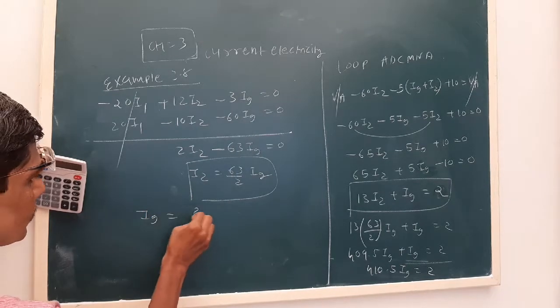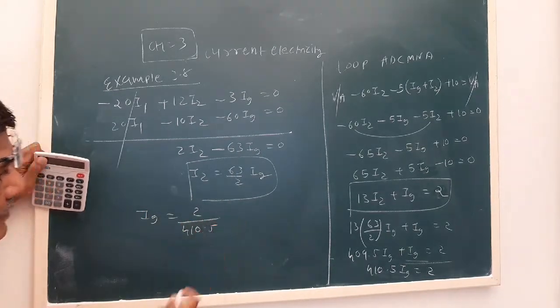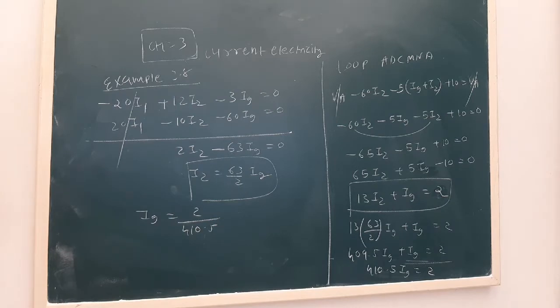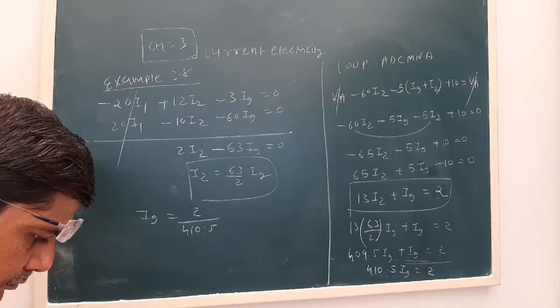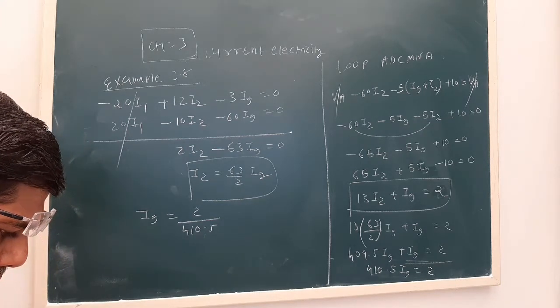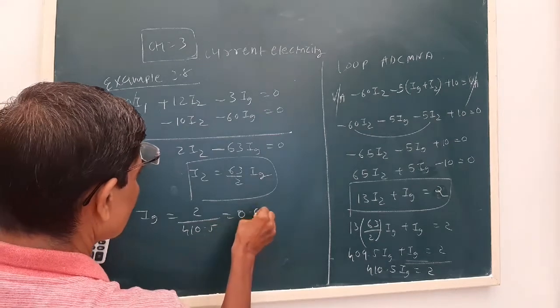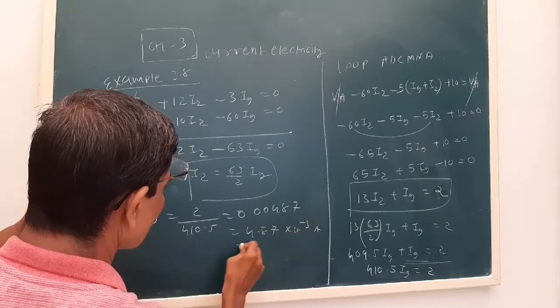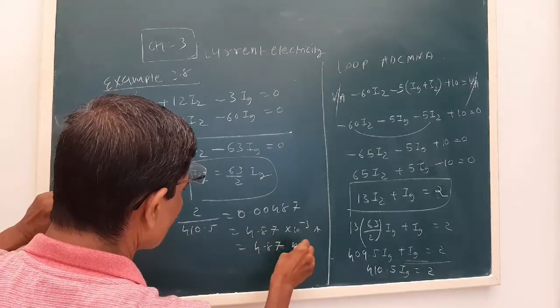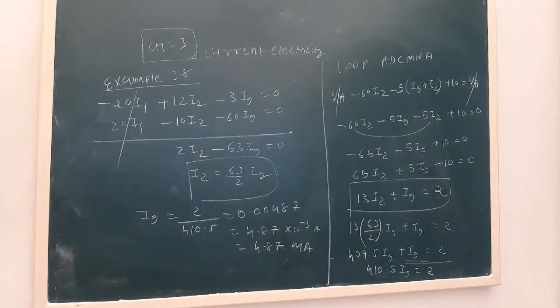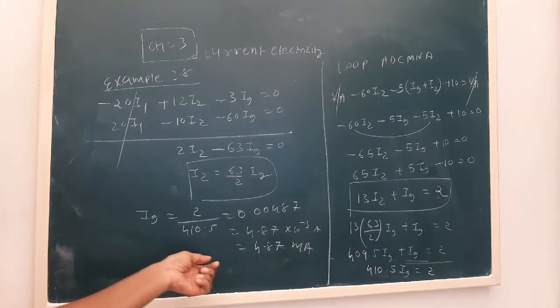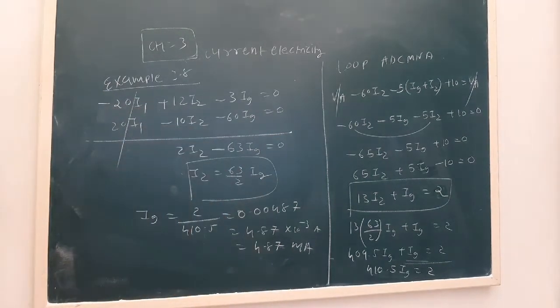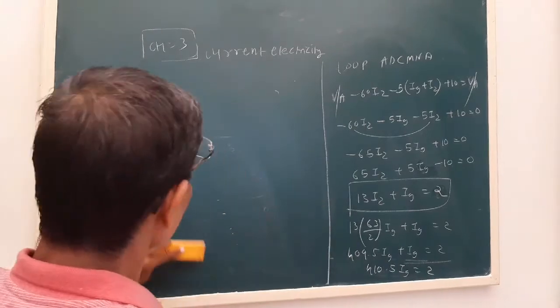IG is 2 upon 4110.5. By solving this we can obtain the value of IG. So this is nothing but our example number 3.8.